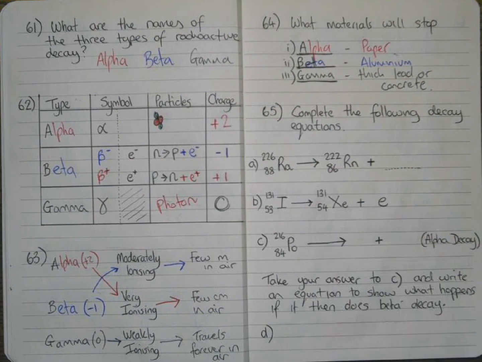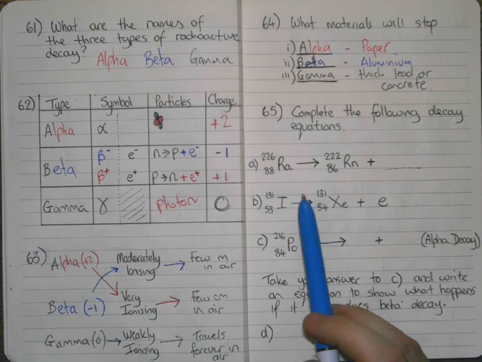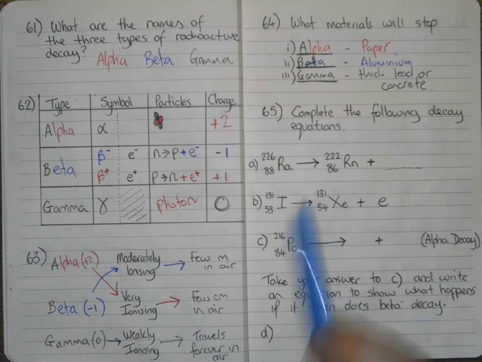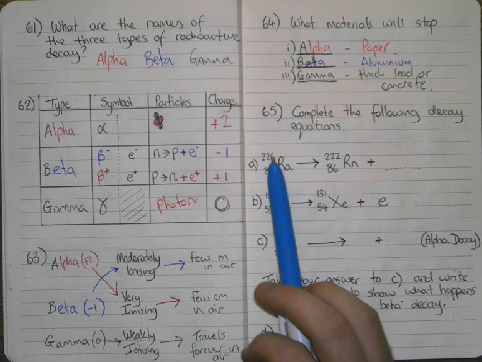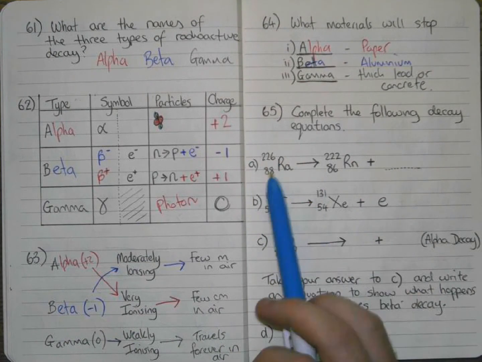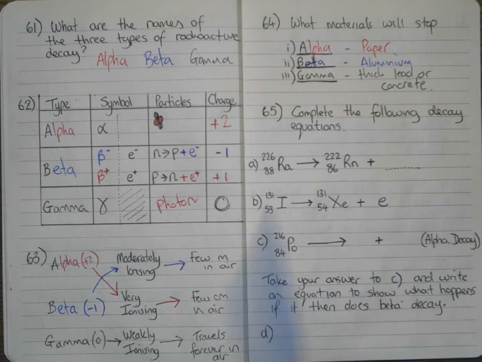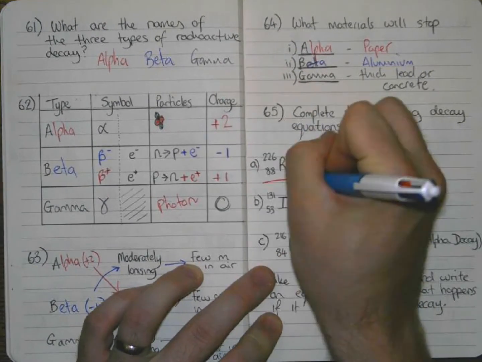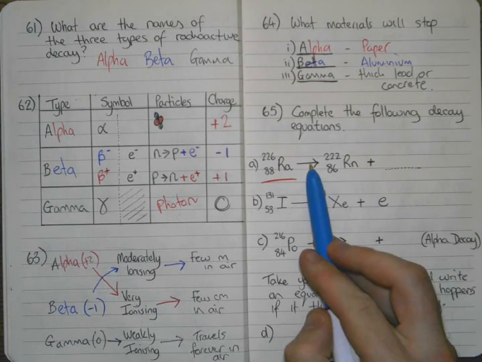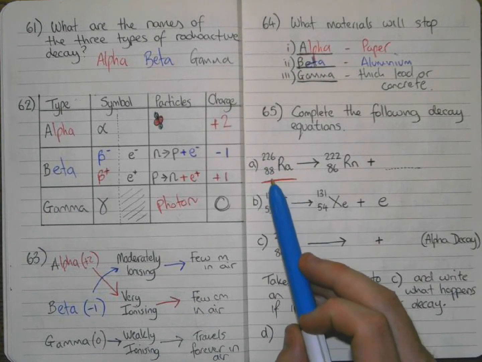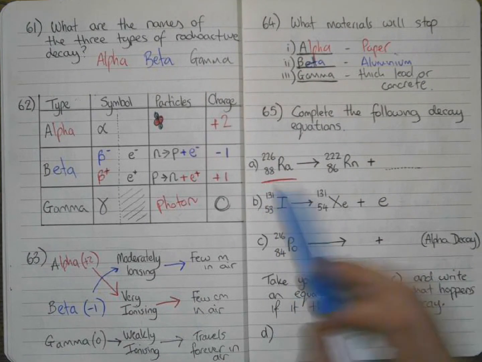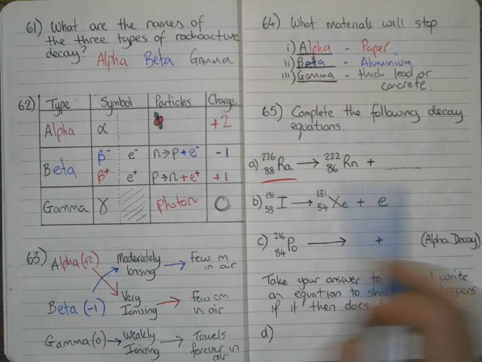Complete the following decay equations. These equations look complicated, but actually all we're interested in is the numbers along the top and the numbers along the bottom. Whatever you get on this side of the arrow, you have to have the same number of protons, the same number of particles, as you do on this side of the equation.